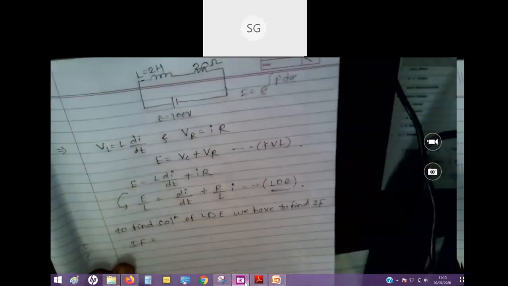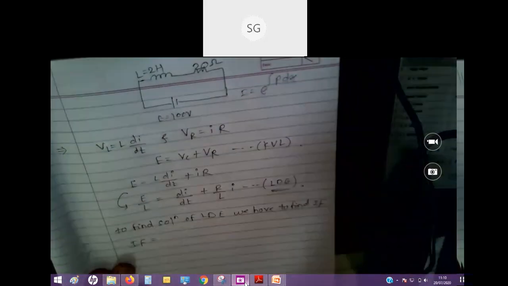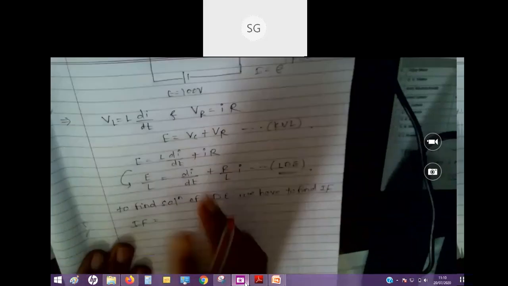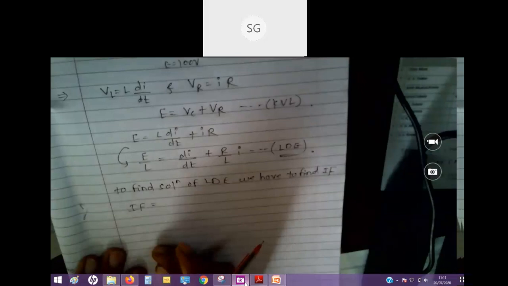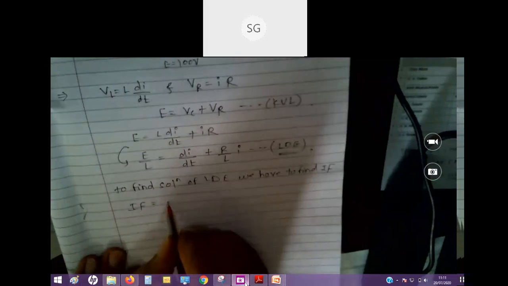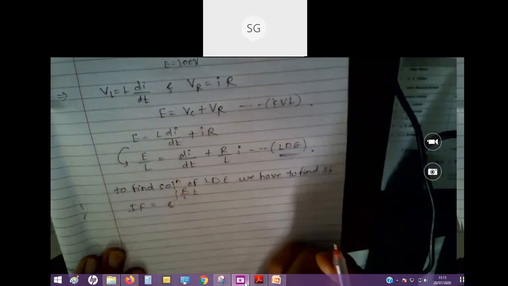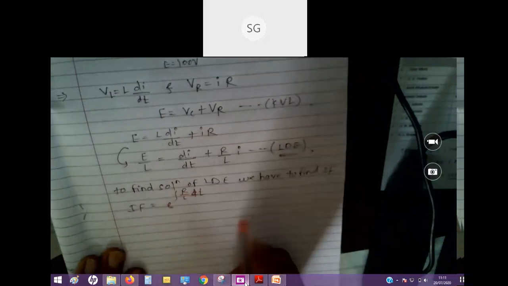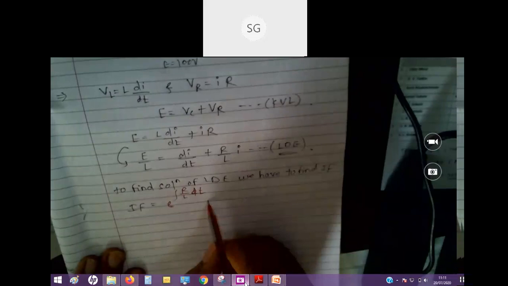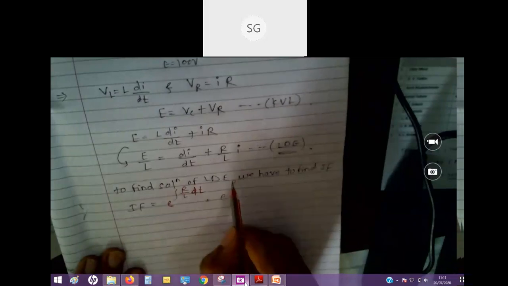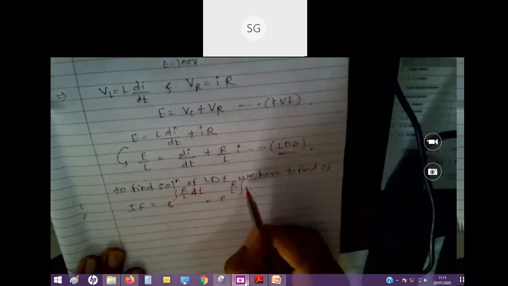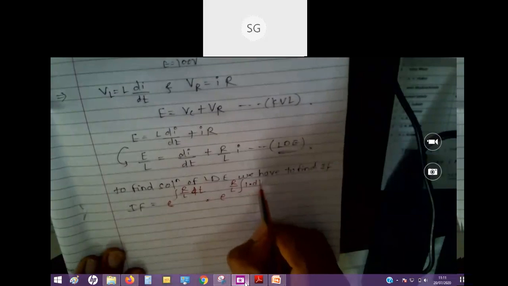Now what will be the IF? Please tell me. It will be e raised to integration R by L into dt. So R by L, being constant, goes outside of the integration, and the remaining is 1 into dt.